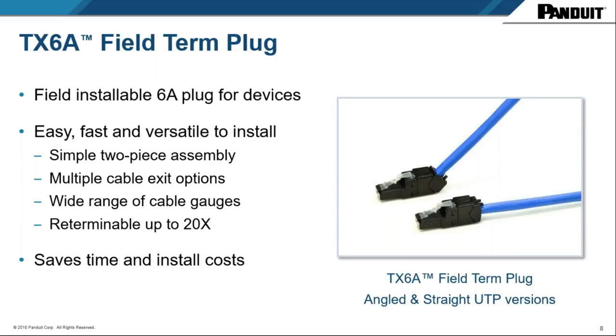The product is capable of terminating a wide range of cable gauges, and it's reterminable up to 20 times in the field, which means that if it became necessary to rework a plug in the field, you could easily do that with the Panduit product up to 20 times. Then at the end, we'll take a look at the time and install cost savings.